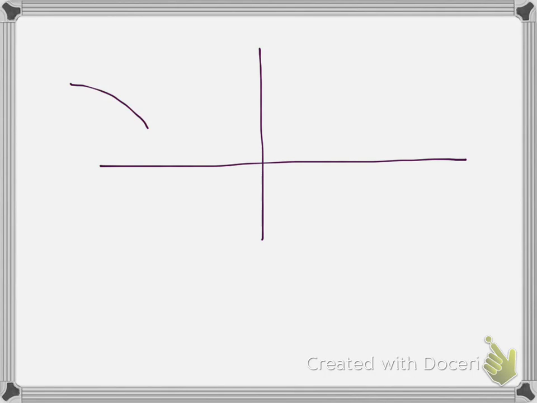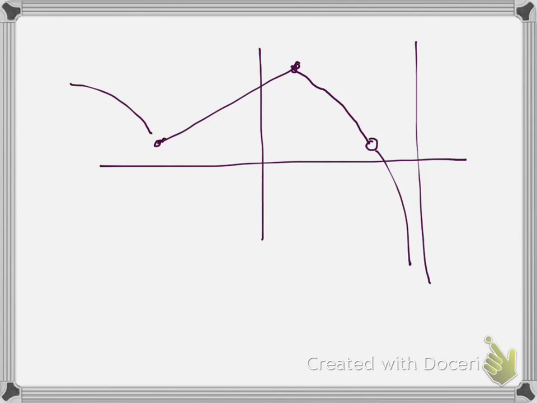If I was looking at a graph and was asked some questions about limits and continuity, I would look at this and realize that it is continuous and the limit exists here.